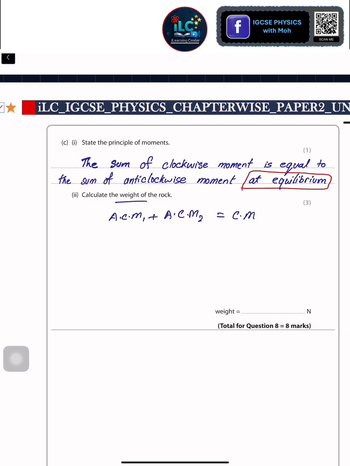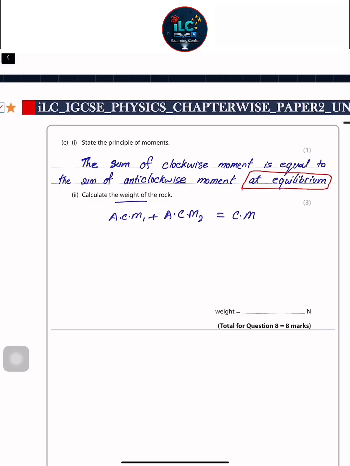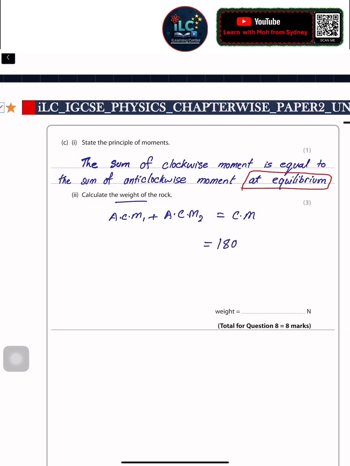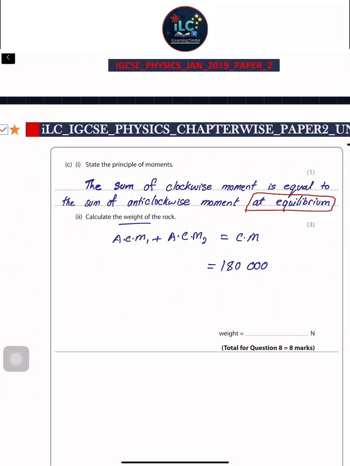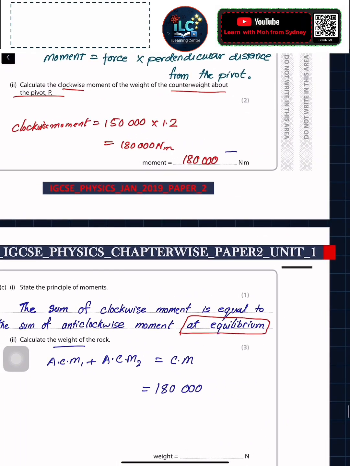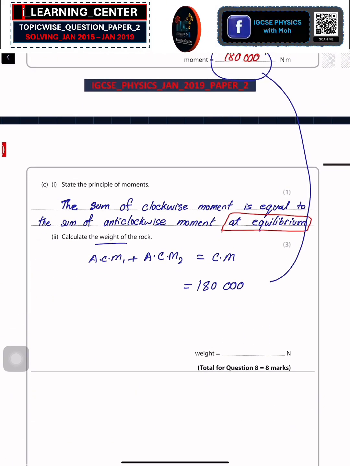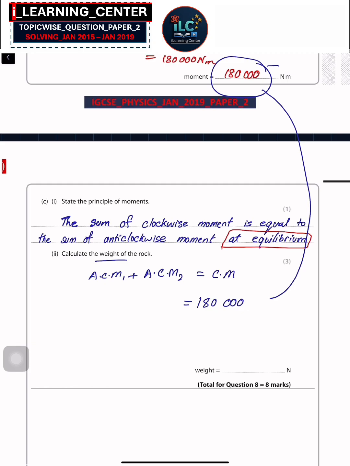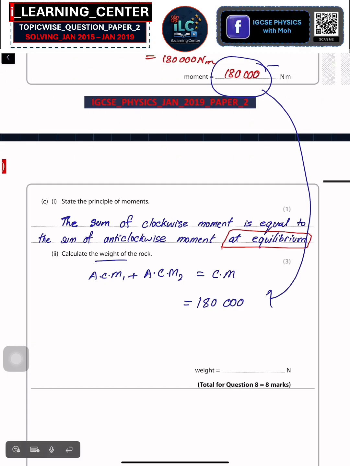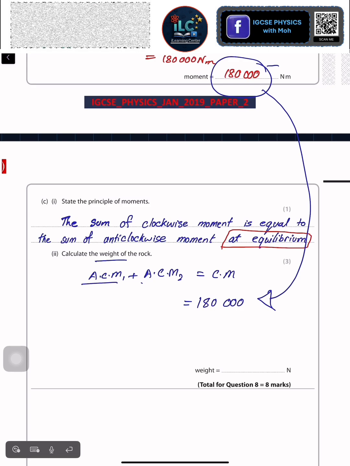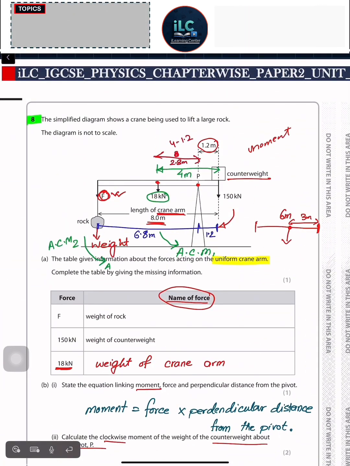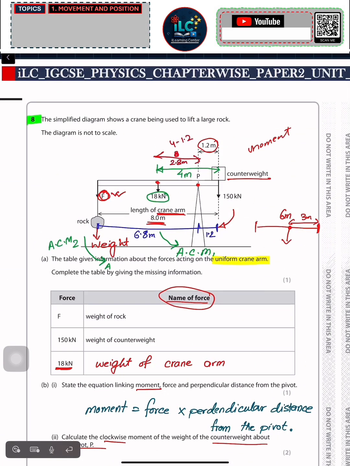We already know the clockwise moment is equal to 180,000, what we got from here. What is anti-clockwise moment 1? Remember, it doesn't have to be 1, we are just using it for our benefit.